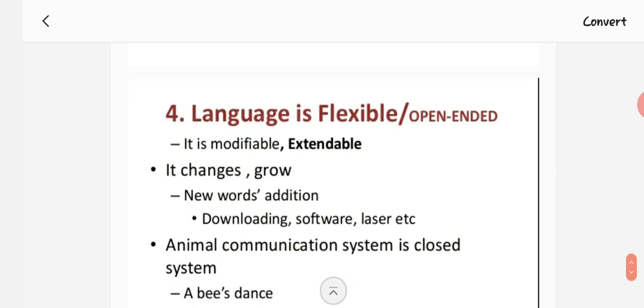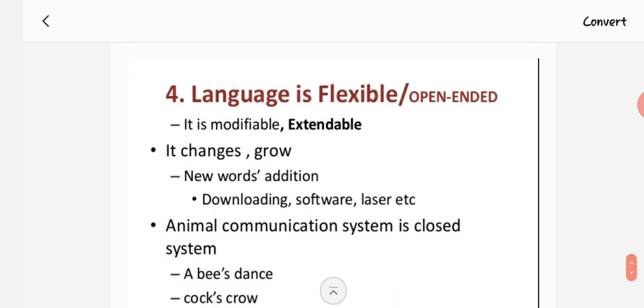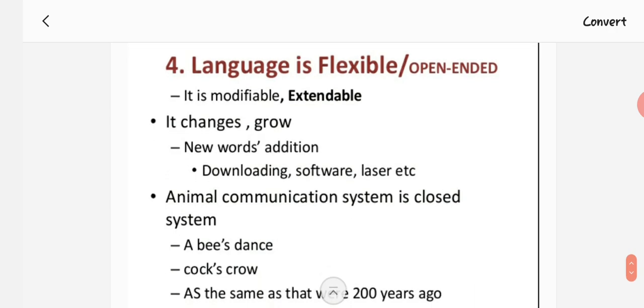Language is flexible or open-ended, it is modifiable, extendable, it changes, and grows new words or additions, like downloading software or lasers, etc. Animal communication systems are closed systems, like the bee's dance or the cock's crow.